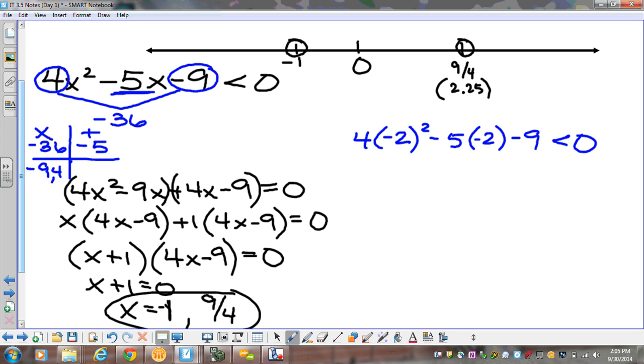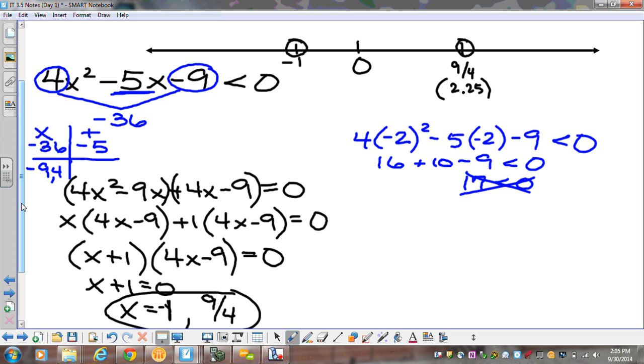When we simplify that, what's that going to be? 16 plus 10. That's 26. 26 minus 9 is 17. Is 17 less than 0? No, it is not.